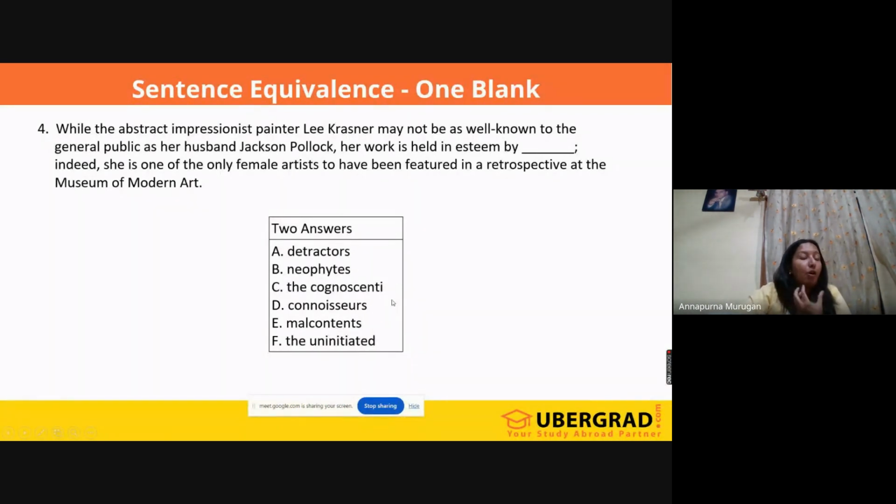Experts in the sense of connoisseurs, we know. An expert of art, we call a connoisseur. So connoisseur, D is one answer. I saw many of you gave this answer. Very good. And what is another word? Cognoscenti. Cognoscenti is again like an expert.